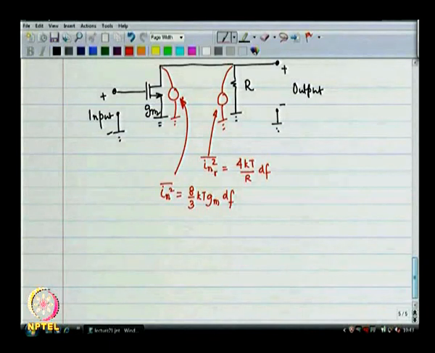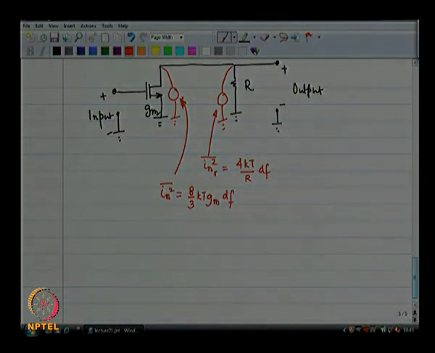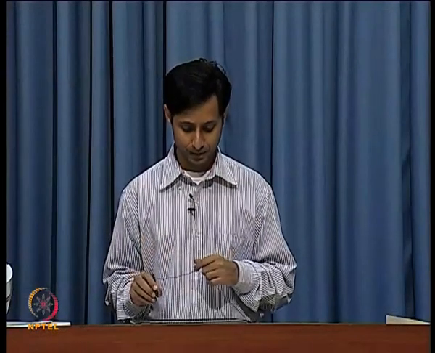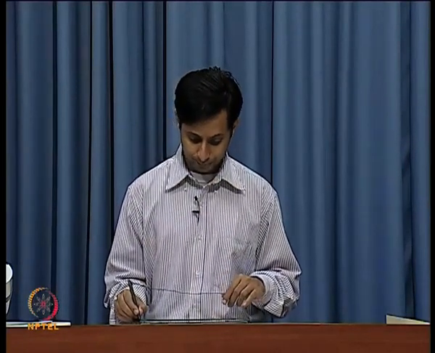Now, what is going to be the story? What is the total output noise? So, you take each noise source and find out the voltage that produces at the output. So, I have got a noise current 8 by 3 kT gm. I have got a noise current over here, and the voltage it produces at the output is the current times the impedance of that node, right.